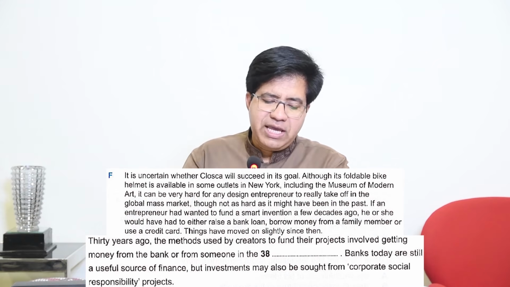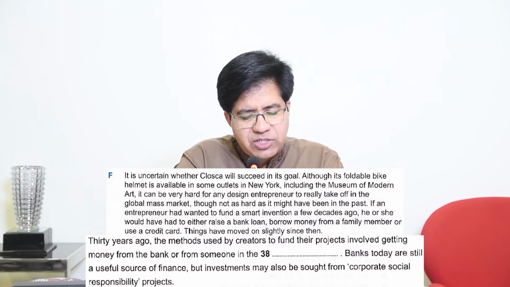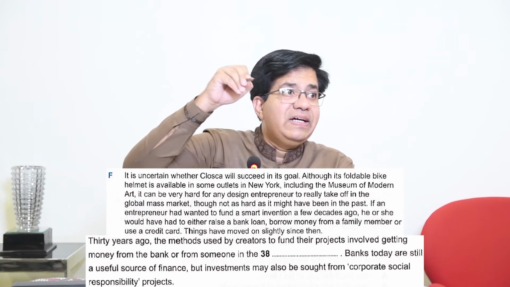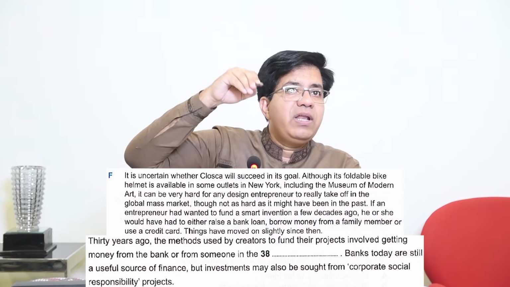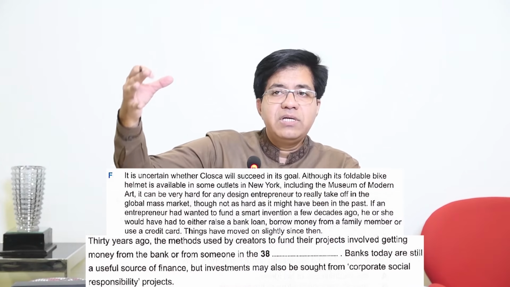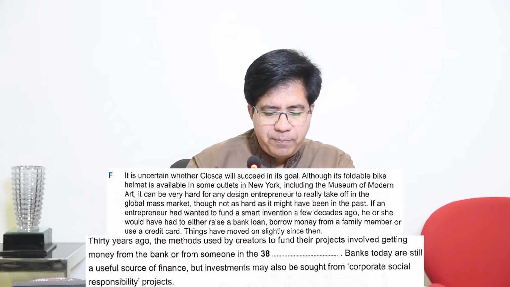Now we read the question carefully. 30 years ago, the methods used by creators to fund their projects involved getting money from a bank or from someone in the blank. Now look here. Someone in the means a person from relatives, someone in the community, someone in the friends, someone like that. Now please come back.